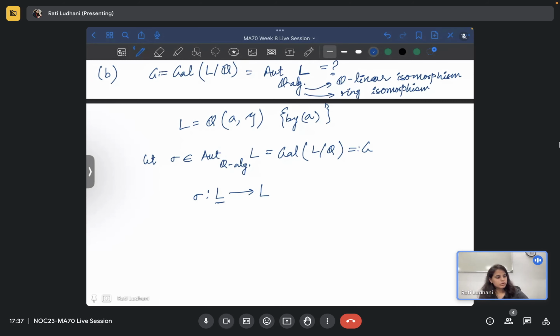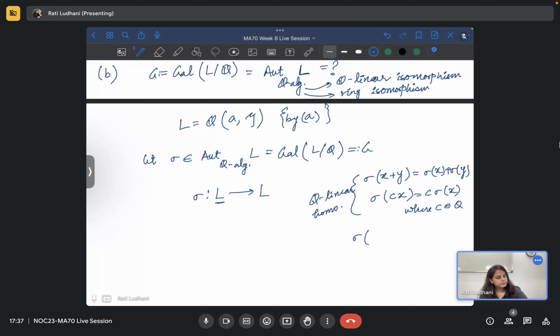So we have all these properties. Sigma of x plus y should be sigma x plus sigma y, and sigma of C x is C sigma x, where C belongs to Q. This comes from the Q-linear homomorphism, for now.